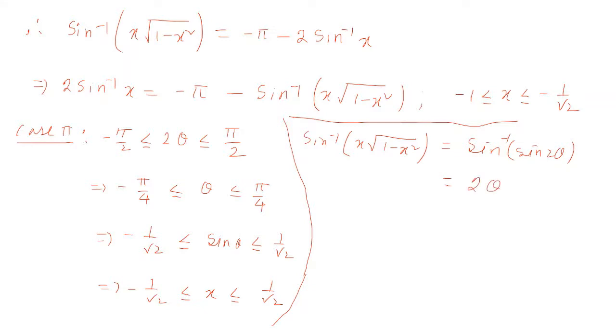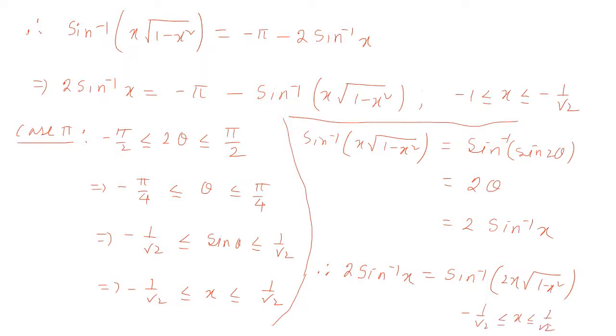From the graph you can see, and this is equal to 2 times sine inverse x. So I can write, therefore, 2 times sine inverse x is equal to simply sine inverse of twice x into root over 1 minus x square when x belongs to minus 1 by root 2 up to 1 by root 2. This is for the second case.